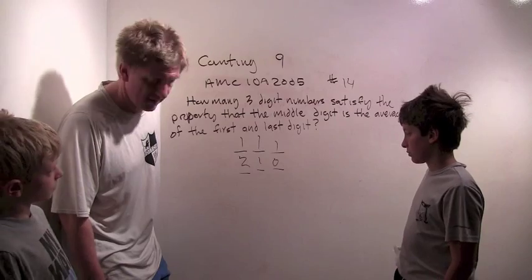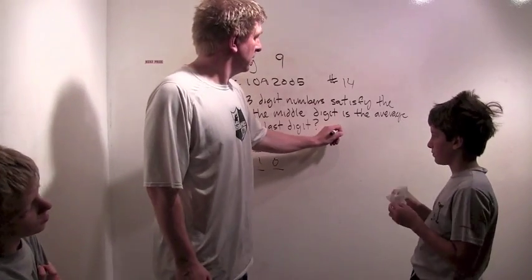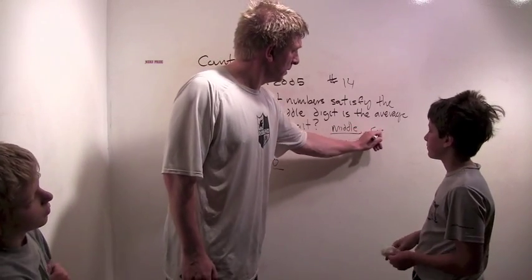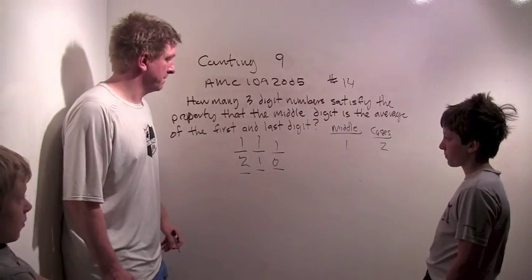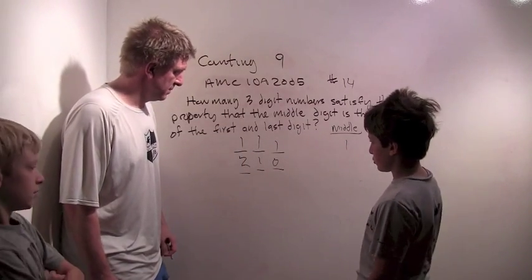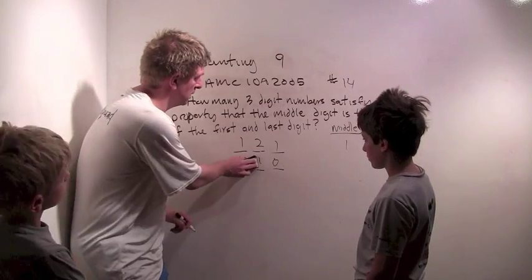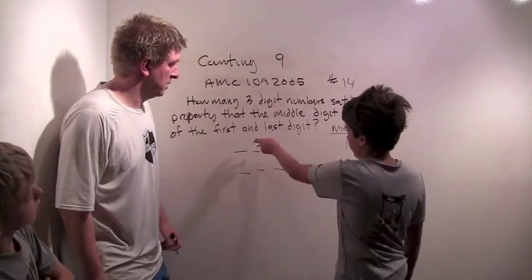Interesting. So there's 2 cases here with 1 as the middle digit. Okay. So now when the middle is 2, the sum of these two has to be 4.